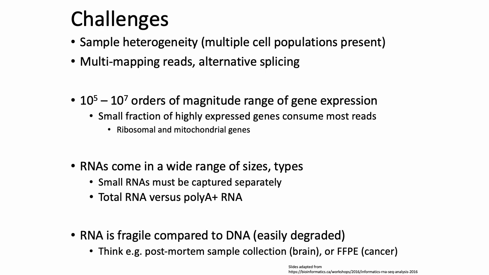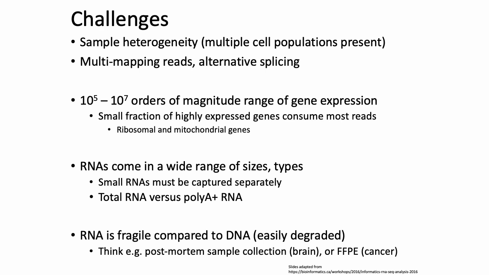Another classic problem of RNA sequencing is that you can have a huge range of gene expression levels across the different genes in your cell. For example, ribosomal genes and mitochondrial genes are typically some of the most highly expressed genes in any given cell, and so they tend to dominate the reads that you sequence in RNA sequencing experiments.